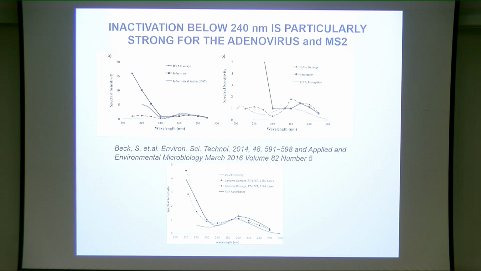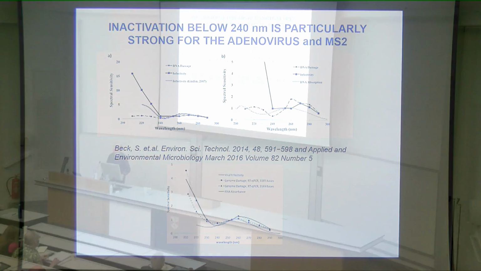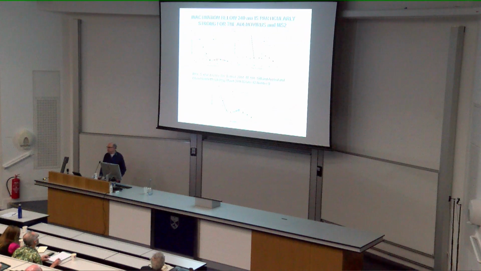You really can't go below 200 nanometers, even though we've seen data this morning at 185 nanometers, because below 200 nanometers, light is heavily absorbed by air and water, so it won't reach what you're after. And in addition, there usually aren't good transmissive glasses for the very short wavelength.